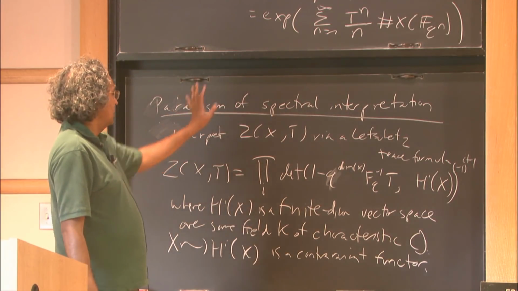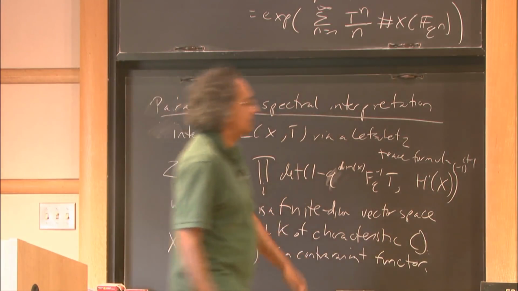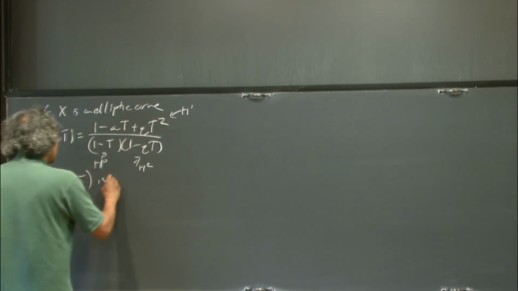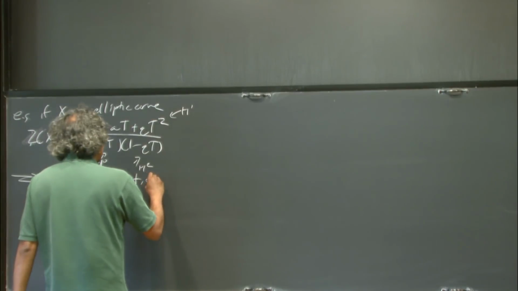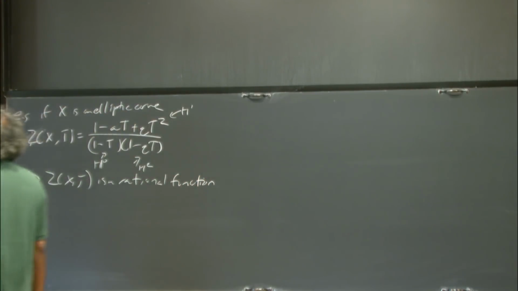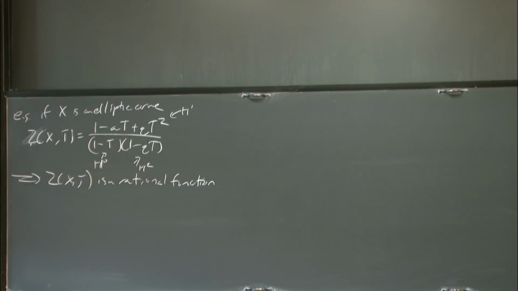Okay, so this will of course imply that Z_X(t) is a rational function, or maybe it's better to say it's a power series representing a rational function, but let me conflate them and just say it is a rational function. And there's more we can say.